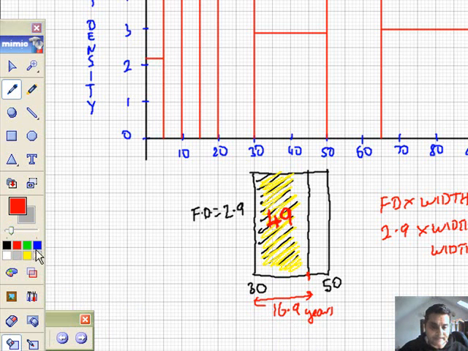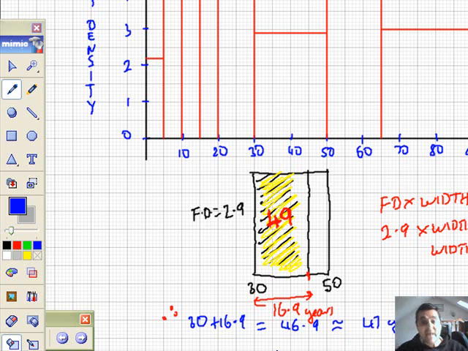Wow, okay, let's make a conclusion. Therefore, in red, blue now. Therefore, 30 plus 16.9 equals 46.9, which is approximately equal to 47 years. And I have just calculated the median age from this histogram.